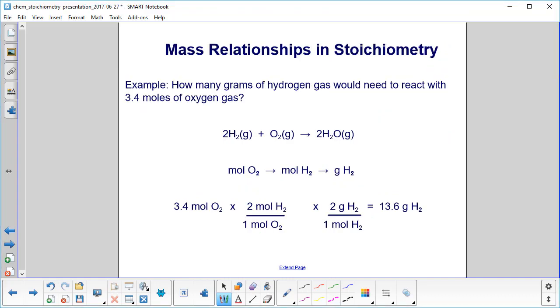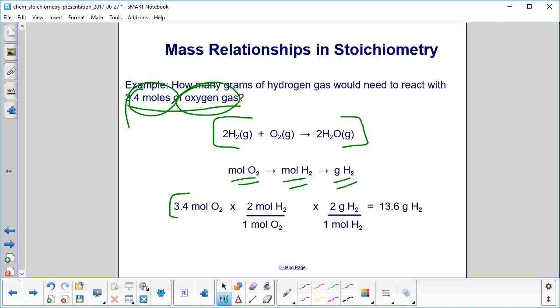How many grams of hydrogen gas would need to react with 3.4 moles of oxygen gas? As always, we start with a balanced equation, and in this case we're going to go from moles of oxygen, that's our given, translate that to moles of hydrogen, and then find out how many grams of hydrogen gas we have.